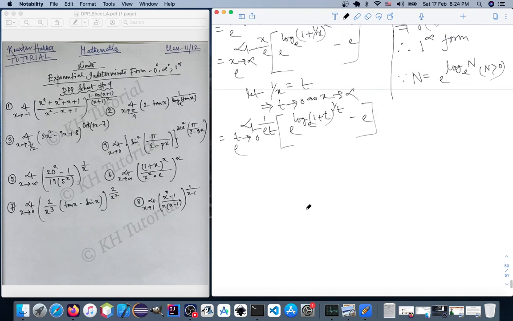This can be simplified further as 1 by e t, the power of the log. The power comes in the front and we get log e (1 plus t) by t minus e. Now we have to use the expansion series of log (1 plus x).